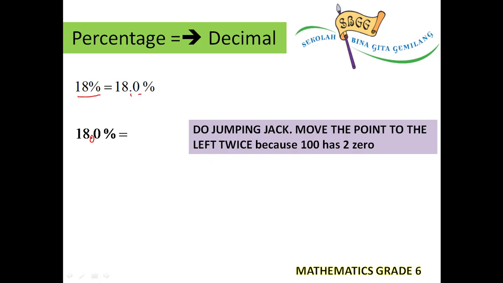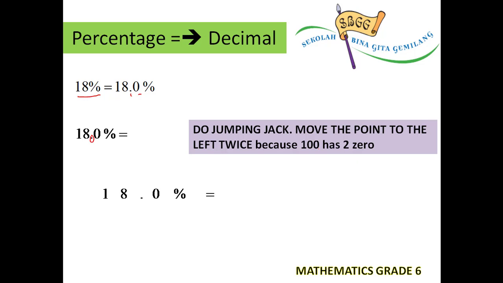Because you divide by 100, you must jump twice. Why twice? Because 100 has 2 zeros. Once more, you must jump to the left twice because 100 has 2 zeros.